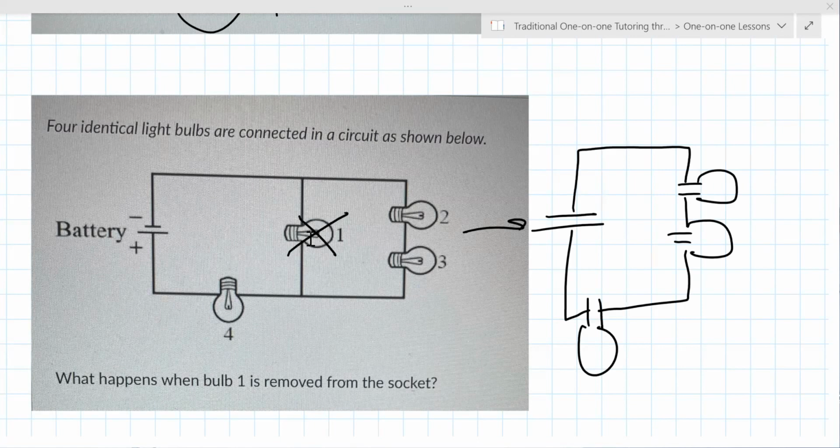So if this is removed, one of the options is all of the bulbs go out, and I don't think that's the answer, but let me just check here. This is so much easier done when you have a circuit, or a little breadboard thing to see it. Maybe you've got a lab that goes along with this class.